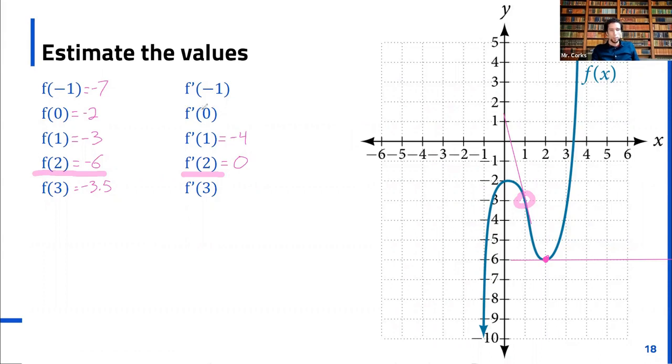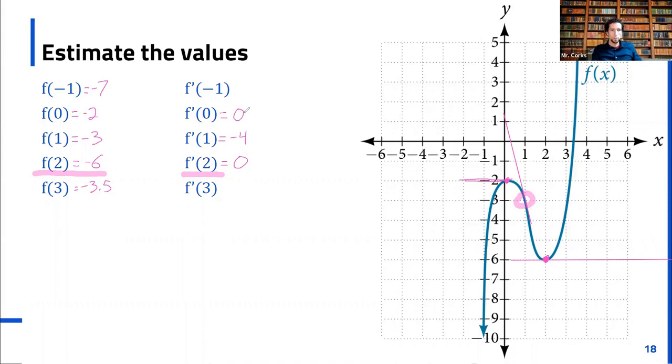Okay, how about f prime of 0? What do we think that looks like? It is 0 also, I think, because it's flat. 0. Yeah, it looks like we have a maximum point there or very close to there. So it would be the slope of 0, or maybe the maximum point is over a tiny bit.